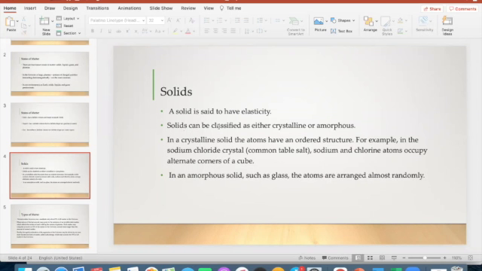All right, so solids are classified to be either crystalline structures or amorphous. So your crystalline structures, these are ordered structure items. So this is like your table salt, your sugar, things of that nature. And then your amorphous solids, these are like items like glass and so on and so forth, where your items are arranged randomly.